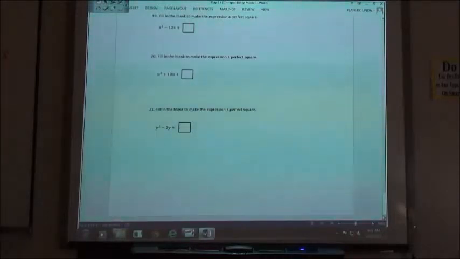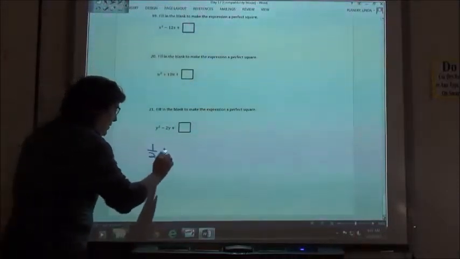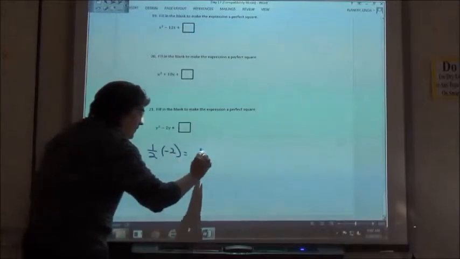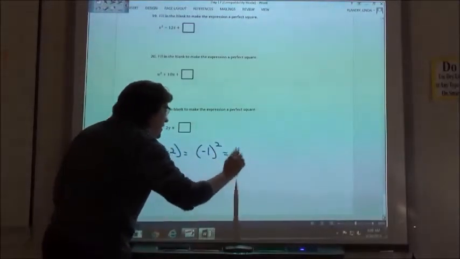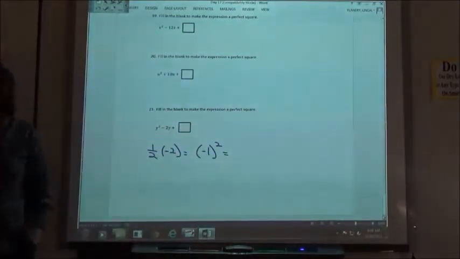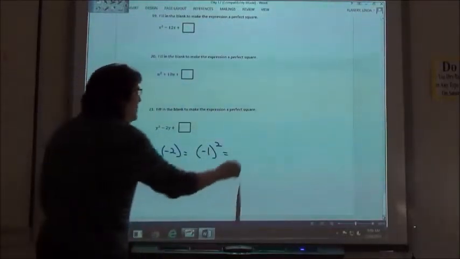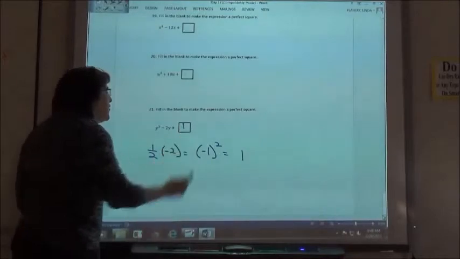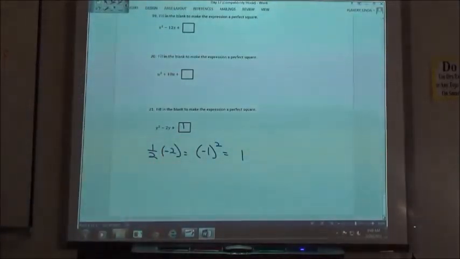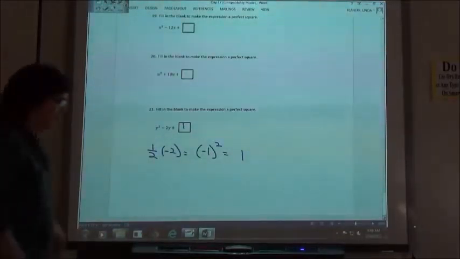So half of negative 2 is negative 1, and then square it. What, negative 1 squared? Which is? Negative 1. Not negative 1? Because a negative times a negative is a positive. You have to use your parentheses if you're using your calculator. Oh, okay, parentheses. And so positive 1 is that number that goes in that box.